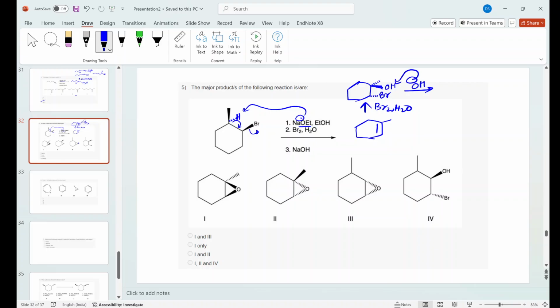It will take this proton so that you will get one minus charge generated. O minus, and you will have Br here. Then it will go and form the epoxide. So that we will have this.